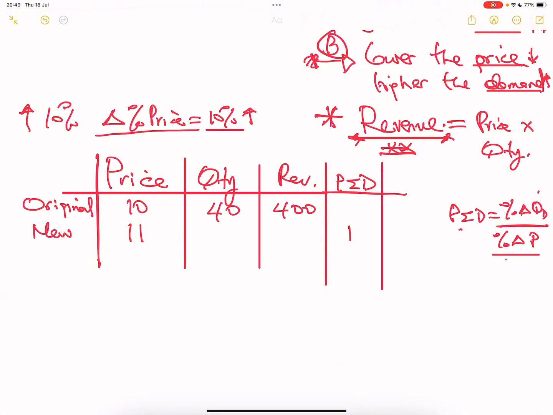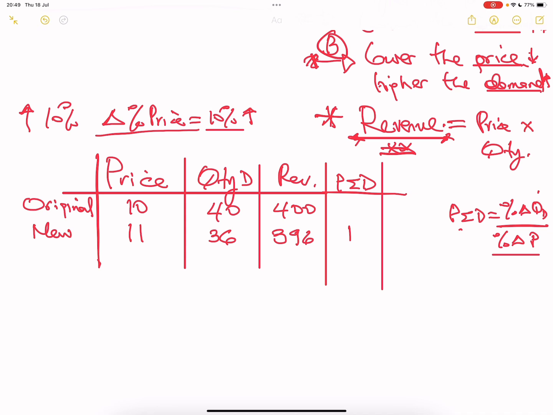And we know that if price goes up, demand will come down. So the quantity demanded will also come down by 10%, and that makes the new quantity 36. So our revenue, which is 11 times 36, will be 396.